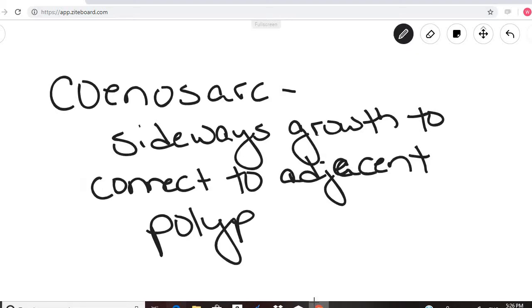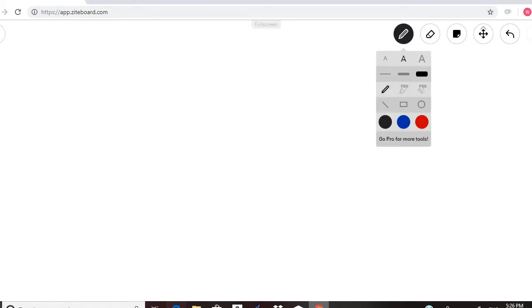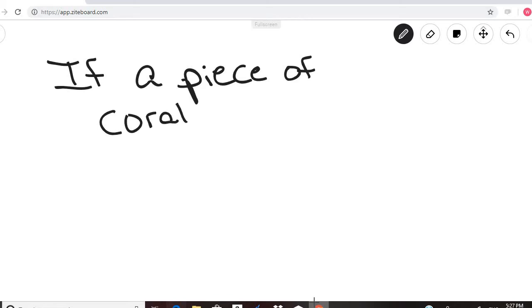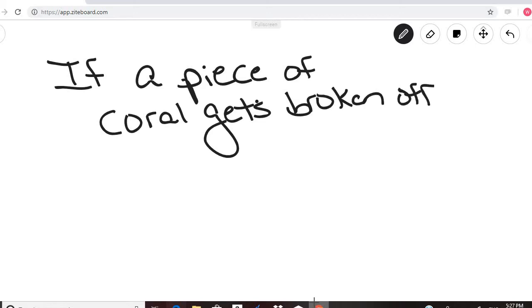Okay, another way that reproduction or growth can happen is if a piece of coral gets broken off, then any living fragments can grow and form a new colony.